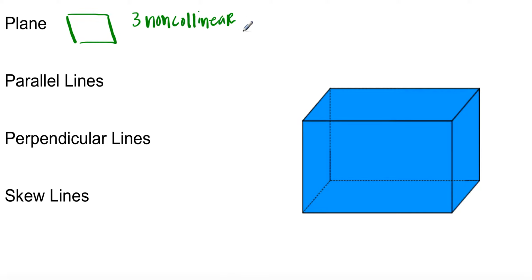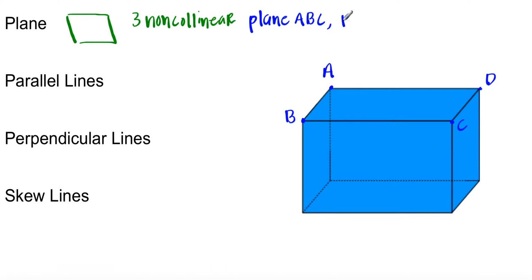Okay, and non-collinear means they're not in the same line. So let's just take this figure, for instance, and let's take, it looks like maybe a tissue box or something. That's a good example. Or the walls in the room. And we've got these 4 corners, so I only need 3 of those non-collinear points there to name that plane. So I might name it plane ABC.